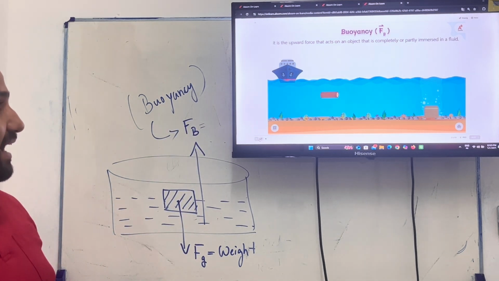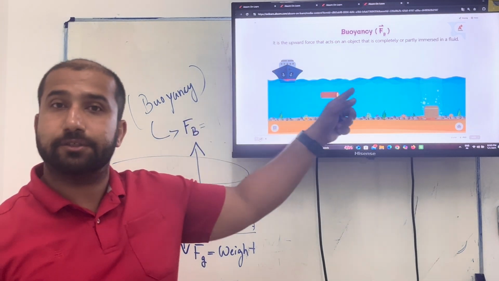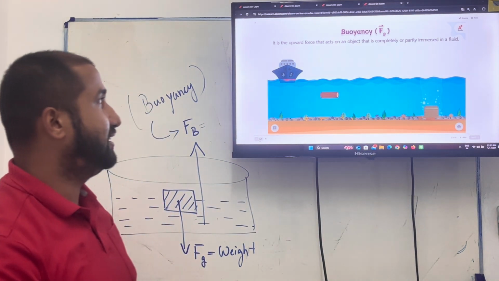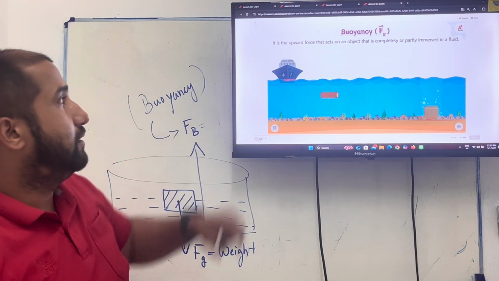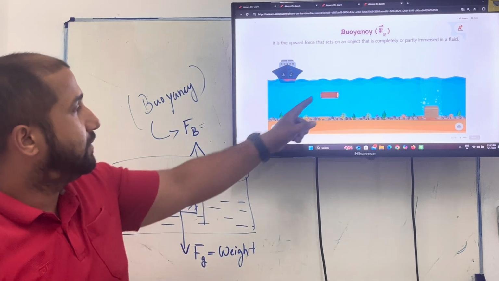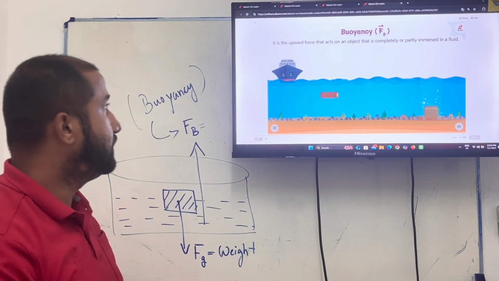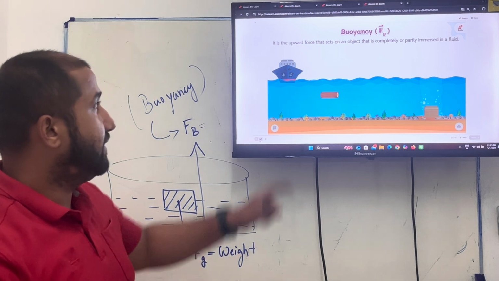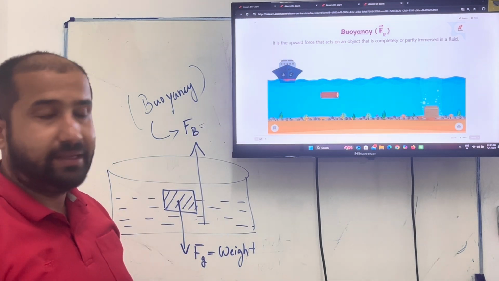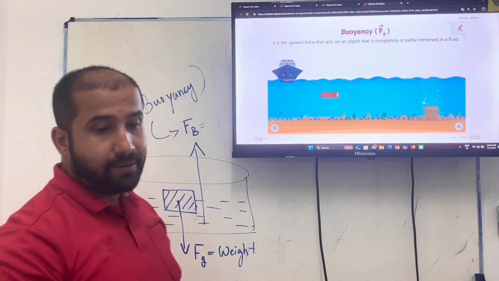Now, we have in this picture 3 different objects. As you can see, the ship, the wooden log, and the box. The ship is floating in this case. Why?